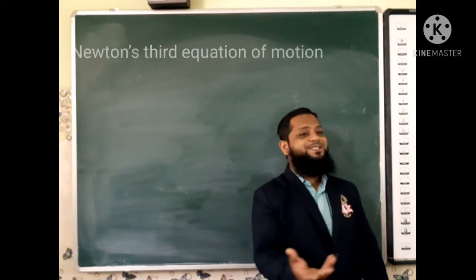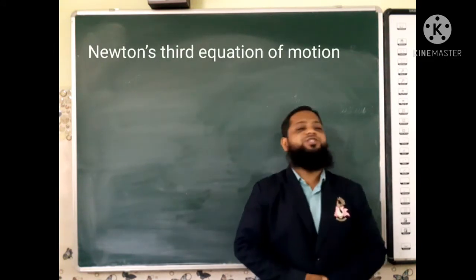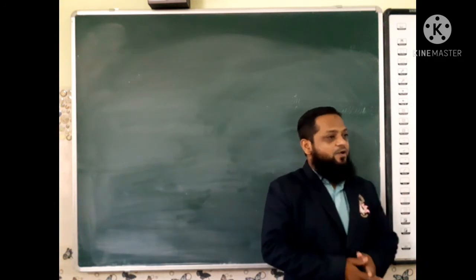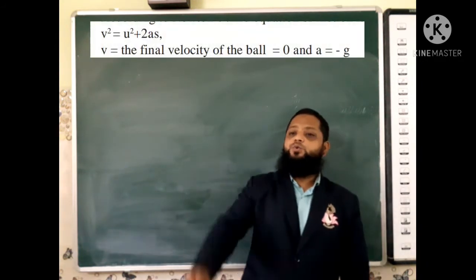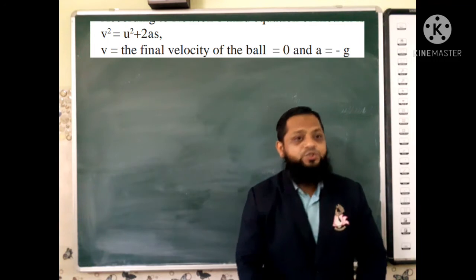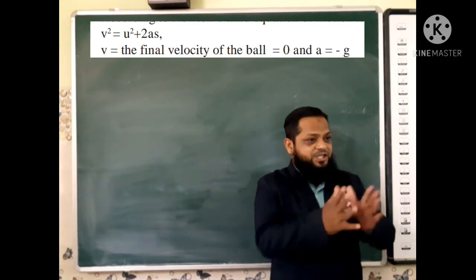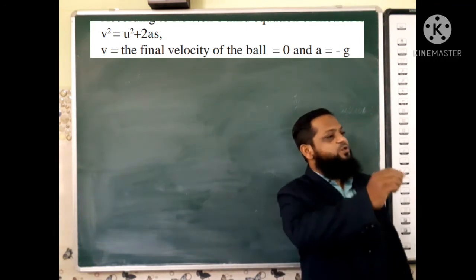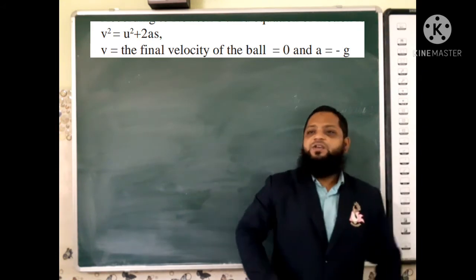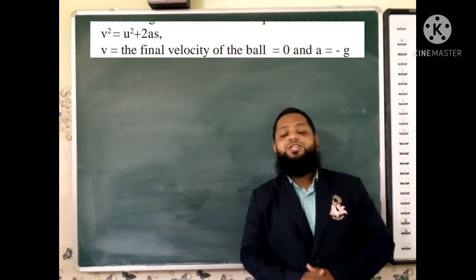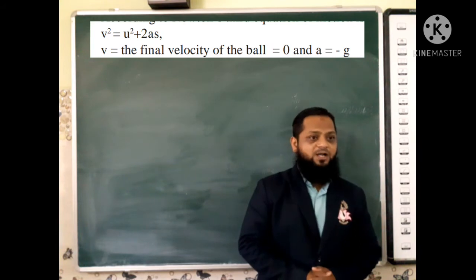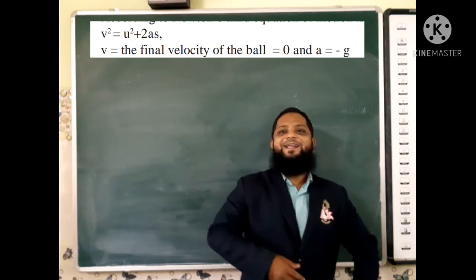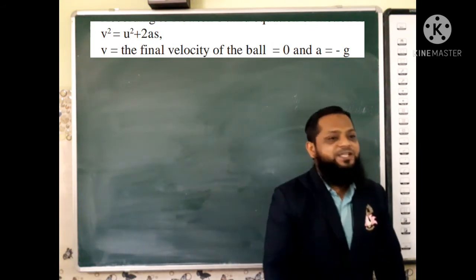According to Newton's third equation of motion, v square is equal to u square plus 2as. In this formula, v is the final velocity, u is the initial velocity of the ball, and a is equal to minus g.